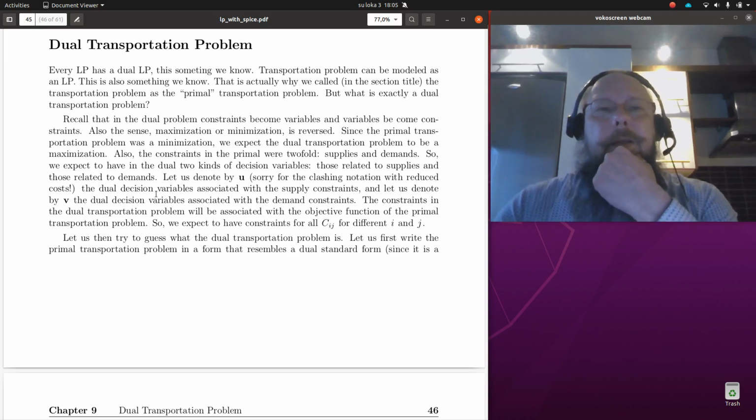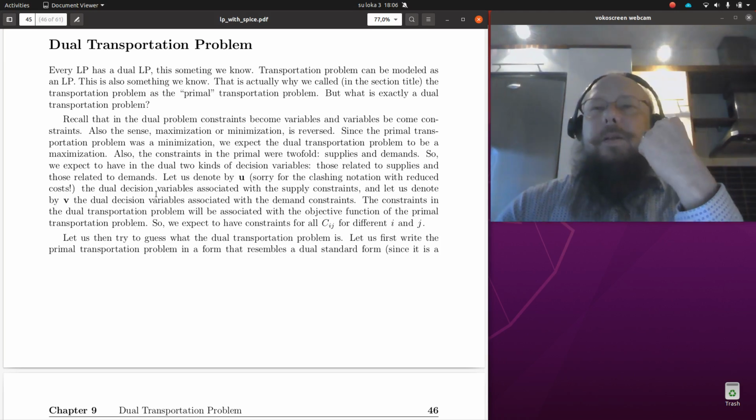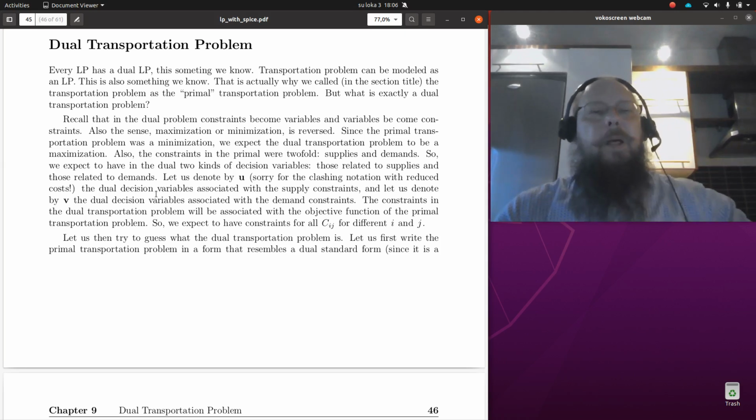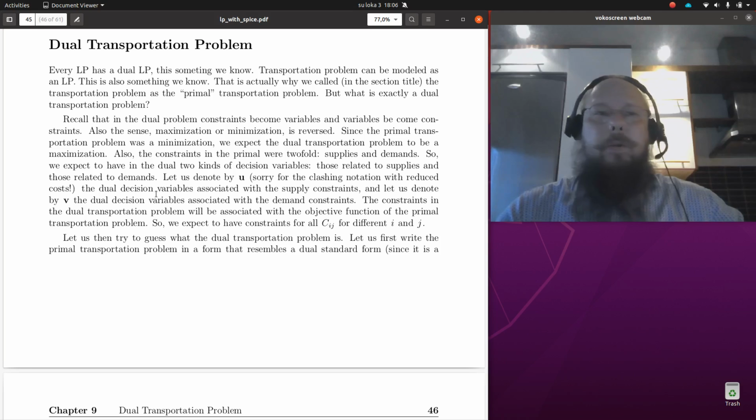What about the constraints in the dual? The constraints in the dual are associated with the objective of the primal. In the primal, the objective has the c_ij's, the route costs. So we expect to have constraints for each different i and j, for all c_ij's, in the dual.